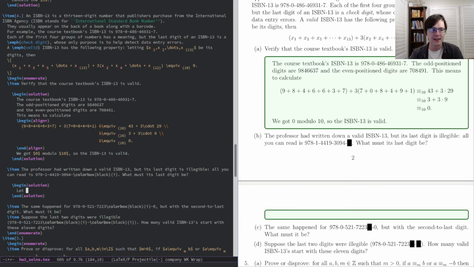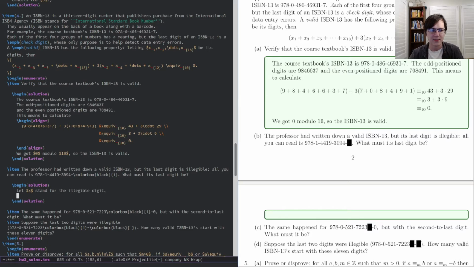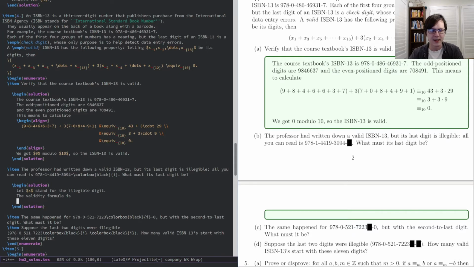Well, let X stand for the illegible digit. The validity formula is, okay, and again, I'm going to remove the hyphens.